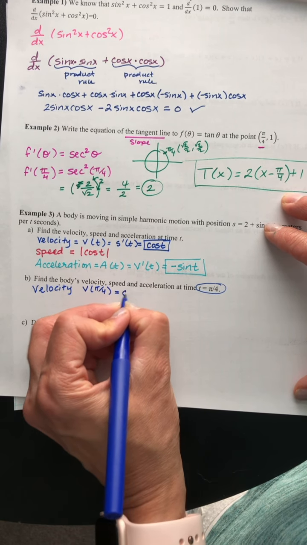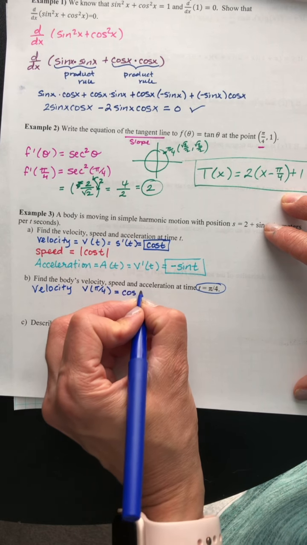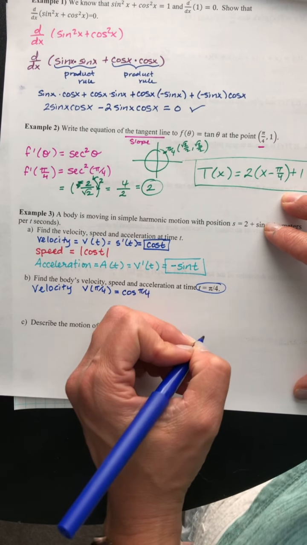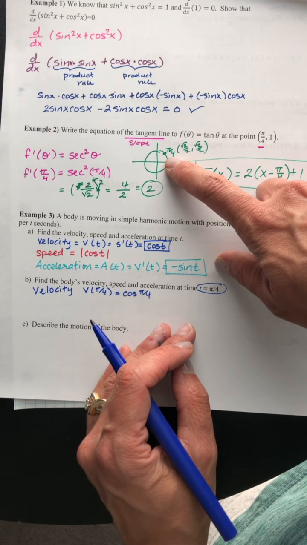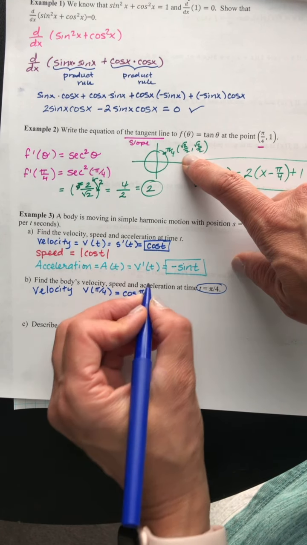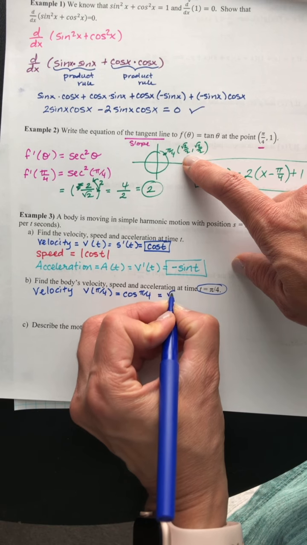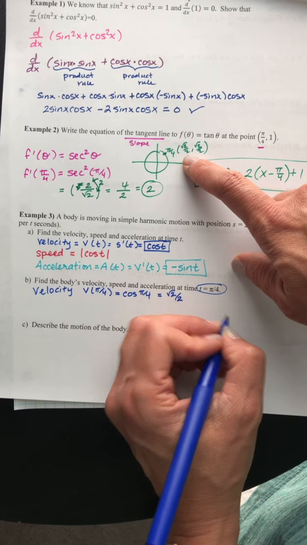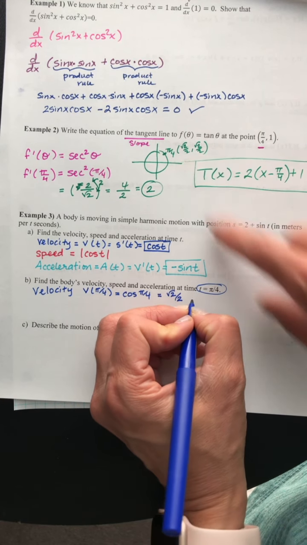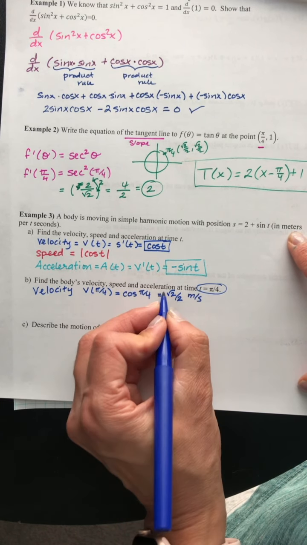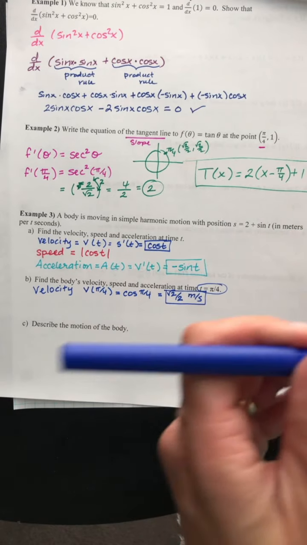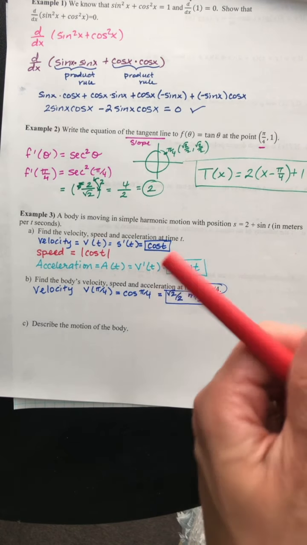So we're finding the cosine of pi over 4. If I refer back to my unit circle here, there's pi over 4. Cosine is the x value, and that is square root of 2 over 2. So the velocity is square root of 2 over 2. And what were the units? Meters per t seconds, so meters per second. Easy peasy lemon squeezy.